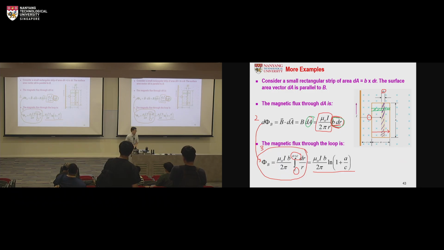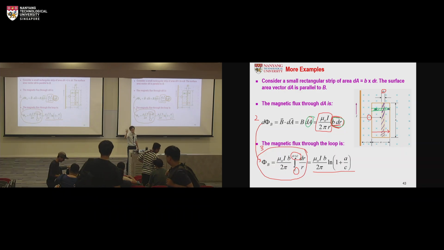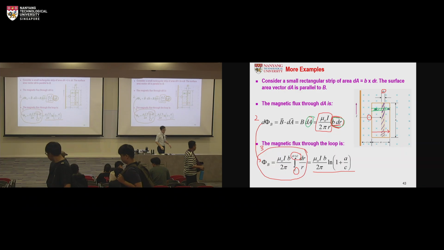It's not right. Because B at this point and B at this point is not the same. The whole point of defining this tiny section is you need to make sure the simple formula is valid, meaning all the parameters are uniform inside that tiny section.